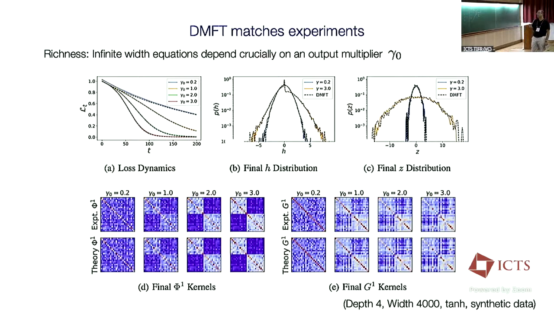So I have a table about this. For small dataset sizes, DMFT is actually more efficient, but small here is not really practical small.